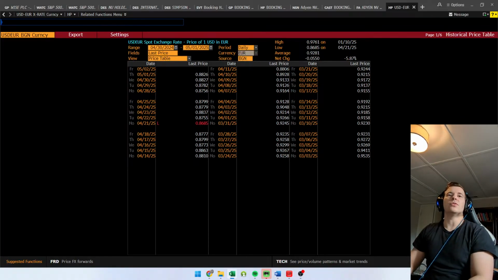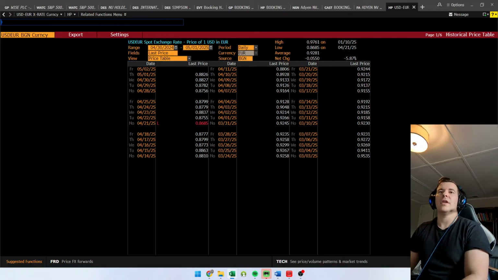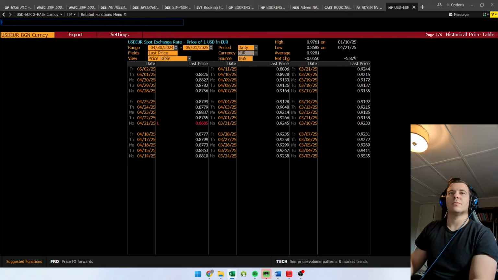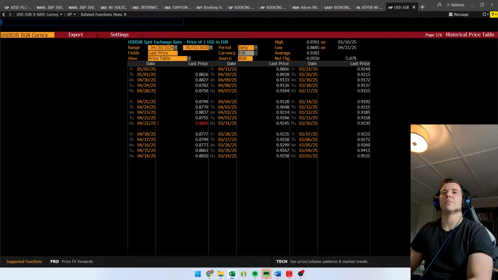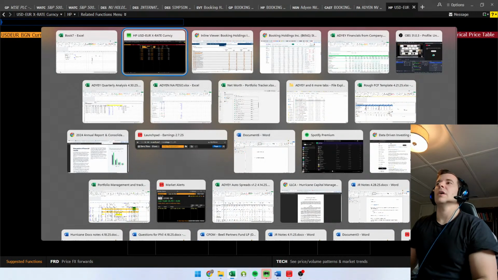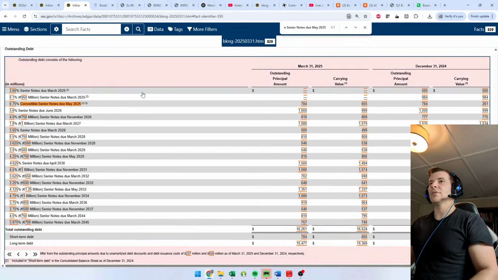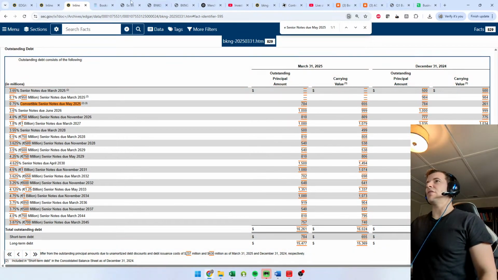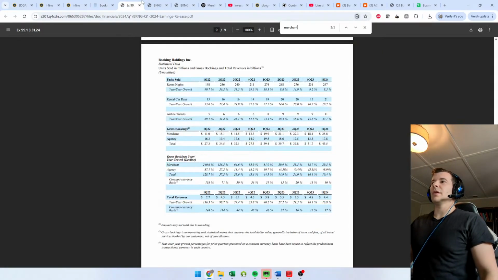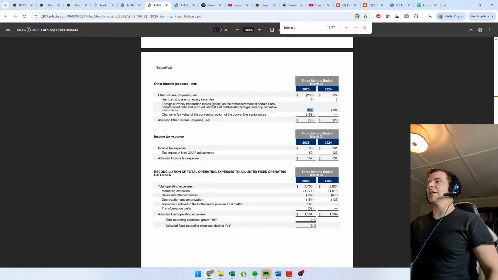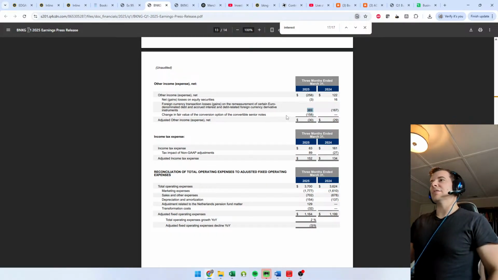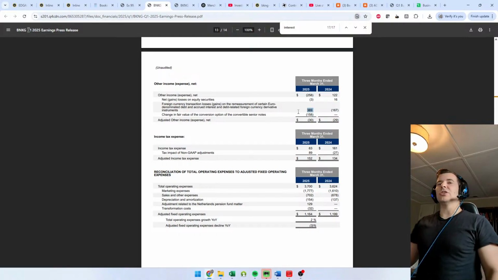And so if you take all the debt that they have times that percentage, you get an extra cost to their debt of about 500 million euros. And so what Booking is saying here is actually it's a little more complicated. They may have some hedges.